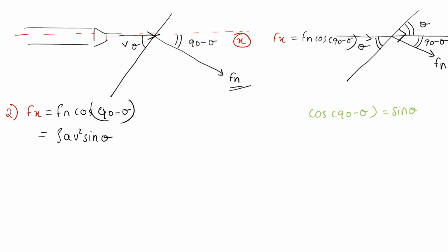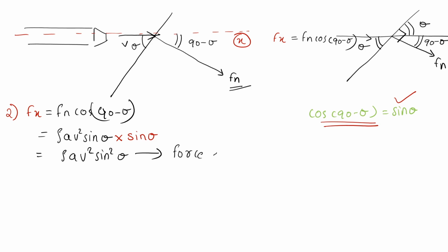So I substitute cos(90 minus theta) as sin theta, and I can rewrite the equation as Fx equals rho a v square sin square theta. This is the force exerted in the direction of the jet.